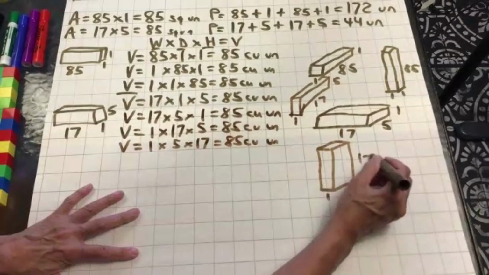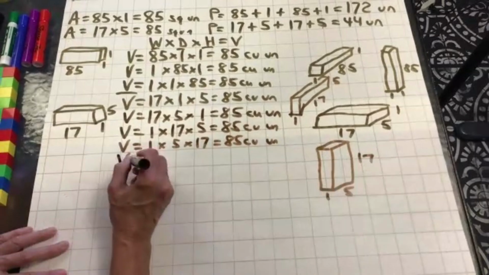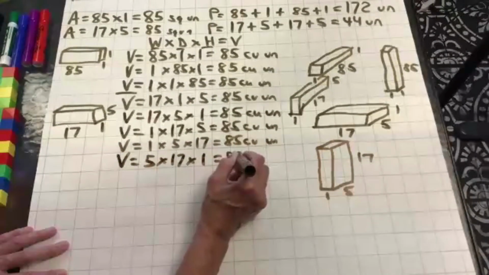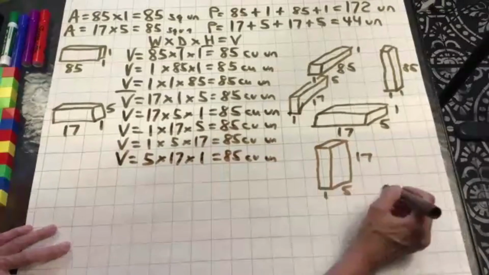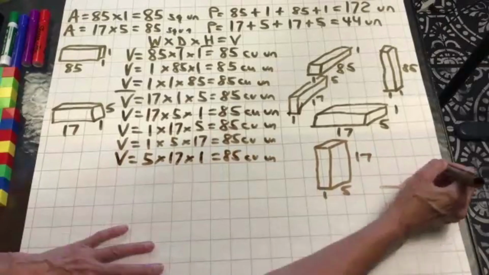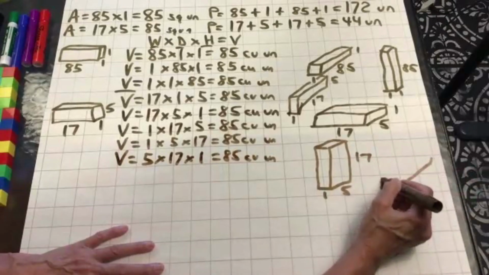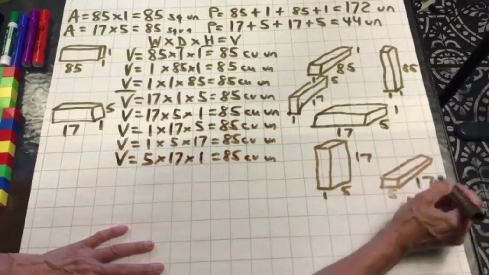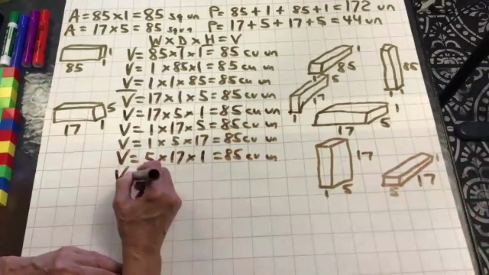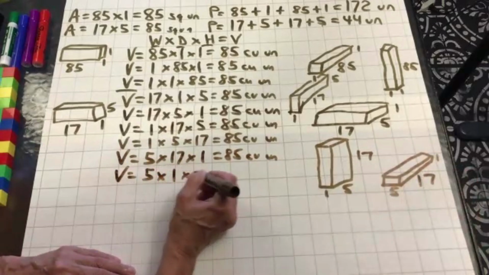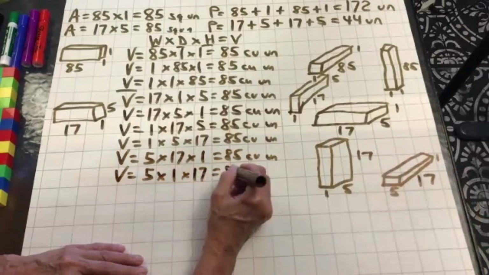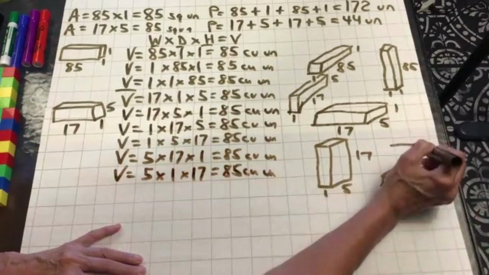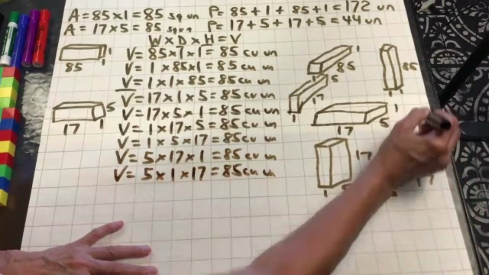And then we have a 5 by 17 by 1. And then we can have a 5 by 1 by 17. So this would be 5 wide by 1 deep by 17 tall.